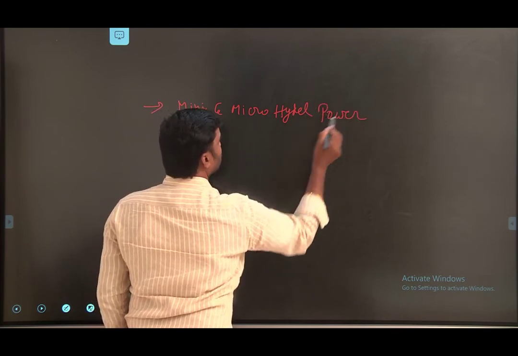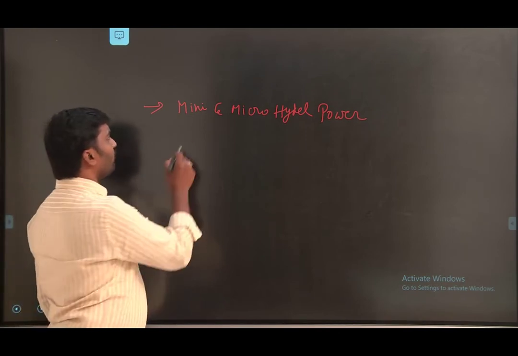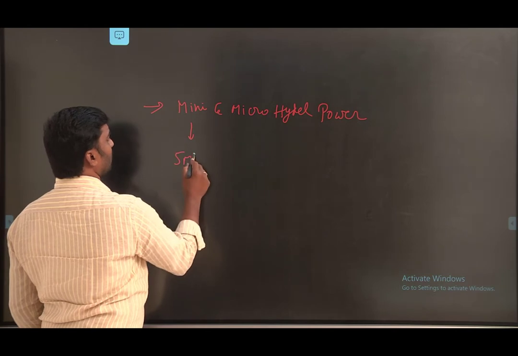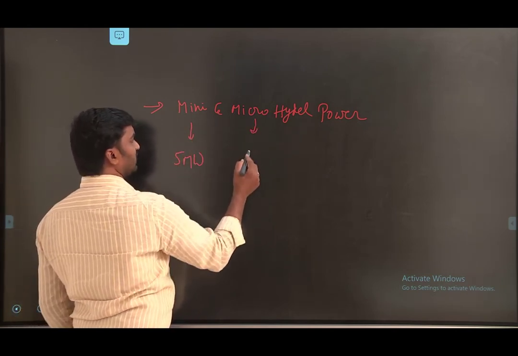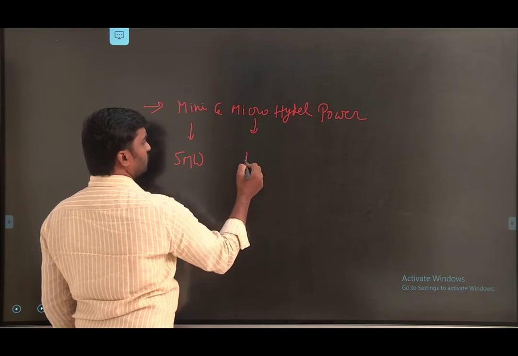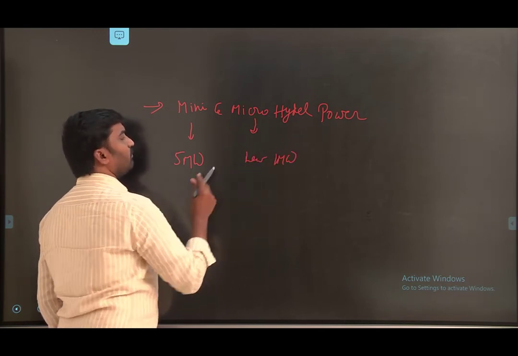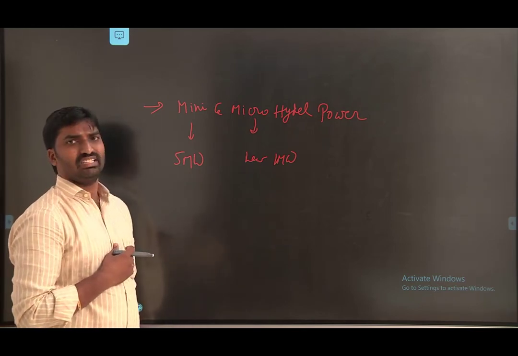So these two power plants produce a very low amount of power. When the power is less than 5 megawatts of power capacity, that type of power plant is known as mini. When the power production is less than 1 megawatt, that type of power plant is known as a micro hydro power plant.